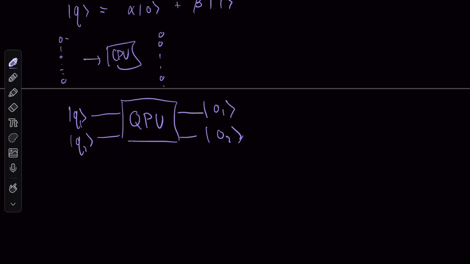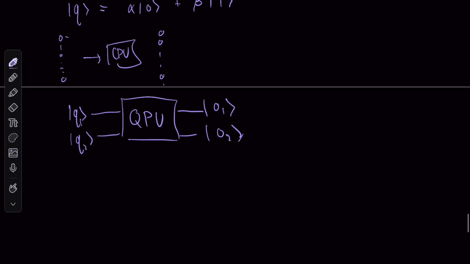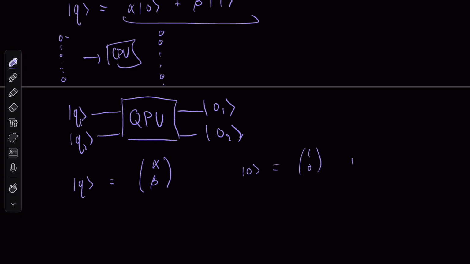One thing to note before I end this video is each qubit is a vector. So it's just this alpha beta vector. This is equivalent to what we have up here, because |0> is just (1, 0) and |1> is just (0, 1).